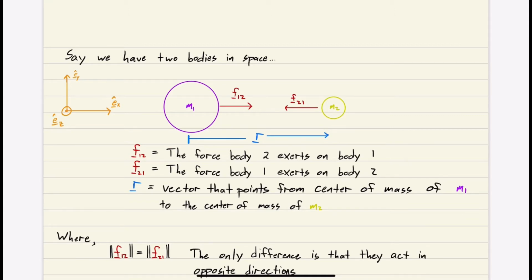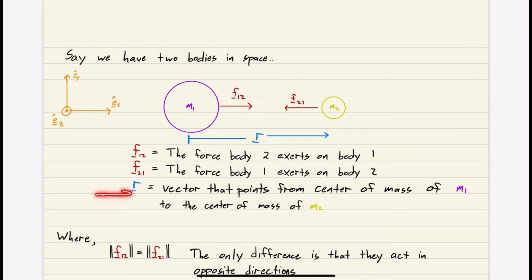F12 is the force that body 2 exerts on body 1, and F21 is the force that body 1 exerts on body 2. So for F12, the mass M2 is pulling M1 this way. And for F21, M1 is pulling M2 this way.